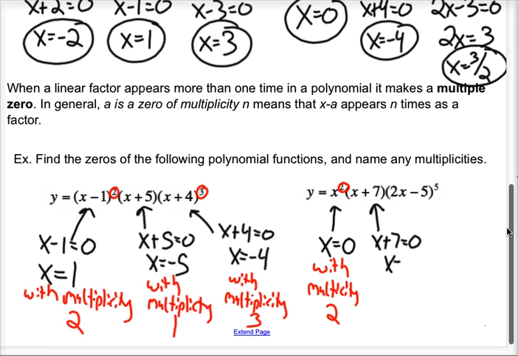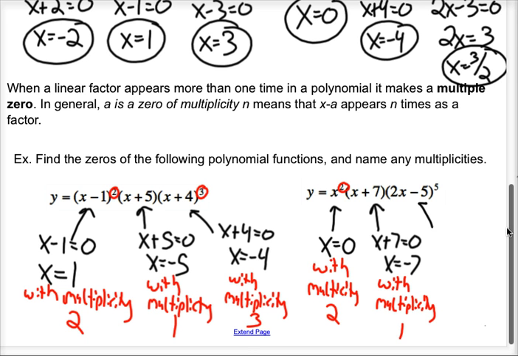That factor there creates a zero at -7. And notice it doesn't have any exponent there. So when you're asking for multiplicities, you can just say with multiplicity of 1. It's just a normal root.